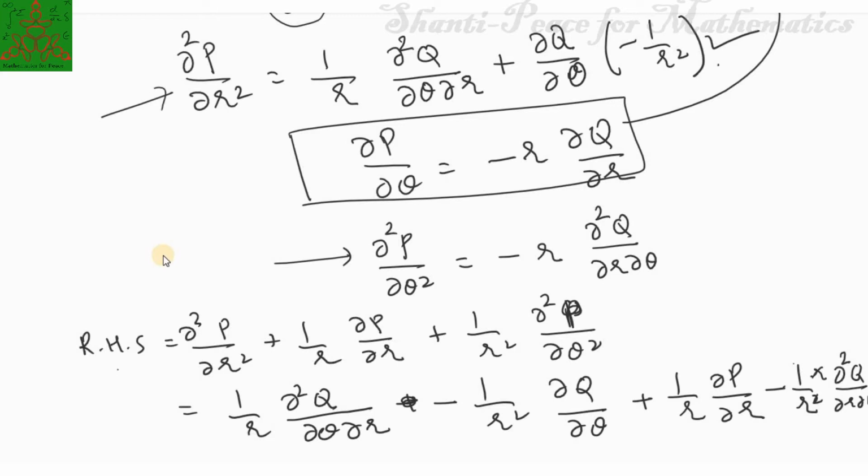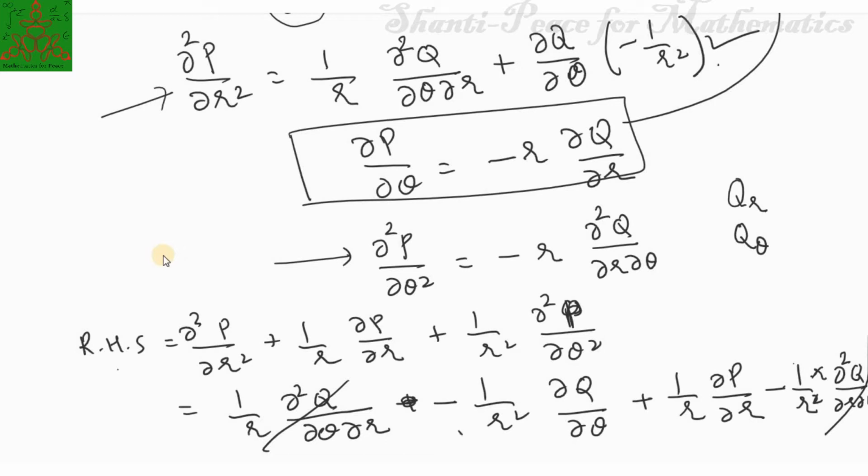You just observe that these two quantities are cancelled out because q r and q theta are continuous, so the mixed partial derivatives are the same.